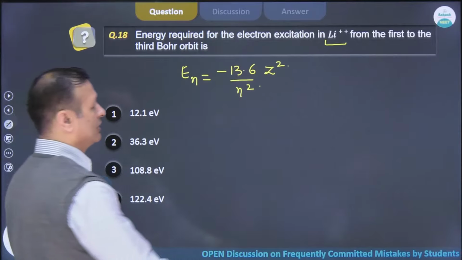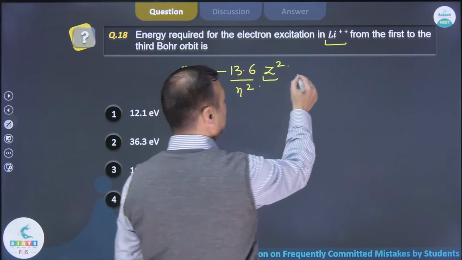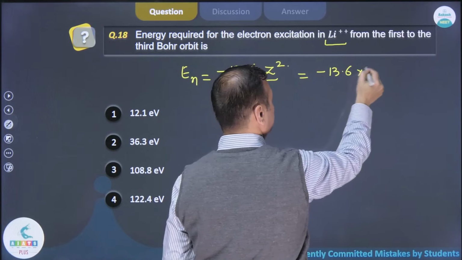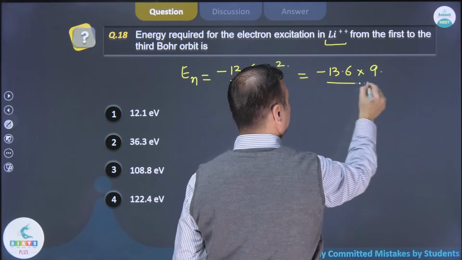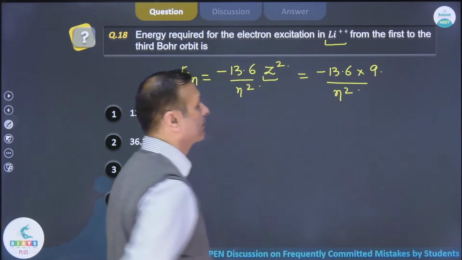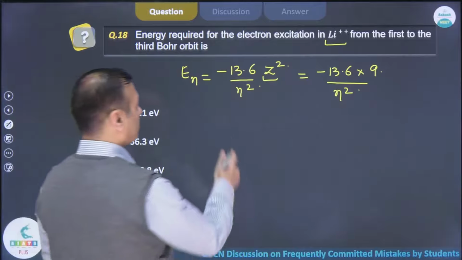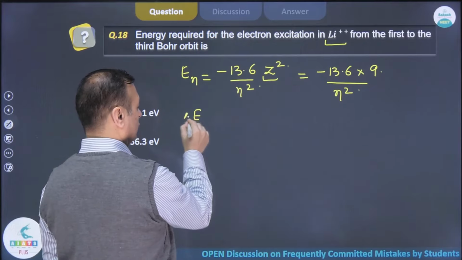So Z for lithium, atomic number, is 3. So this is minus 13.6 into 3 square, which is 9, by n square. But we have to find the energy required for the electron excitation from the first to the third orbit.